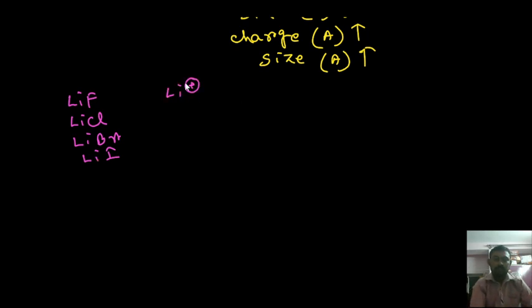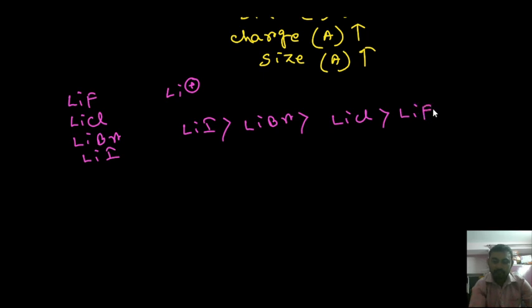According to the group, the size of the halogens increases from fluorine to chlorine to bromine to iodine. Iodine is the maximum size, so it will show maximum covalency, because an anion with more size leads to more covalency. So lithium iodide will be more covalent than lithium bromide, then lithium chloride, then lithium fluoride.